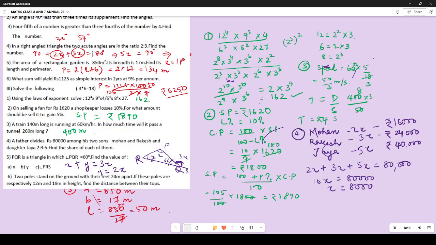So what do we get over here? Let me write it on this side. Question number 5. So X plus 2X plus 60 is equal to 180. So that means 3X is equal to 120.